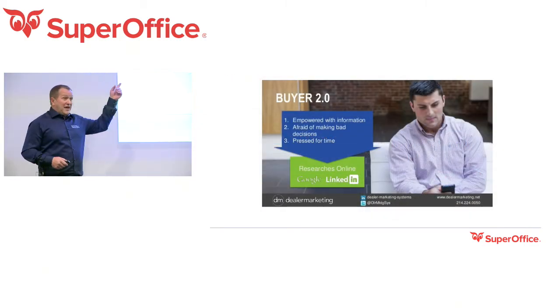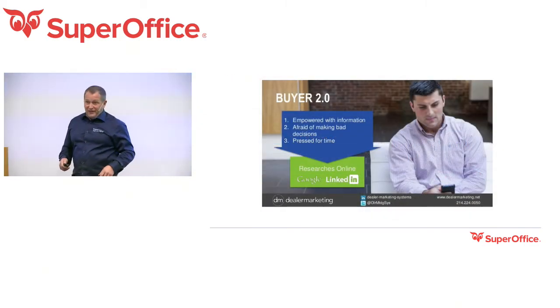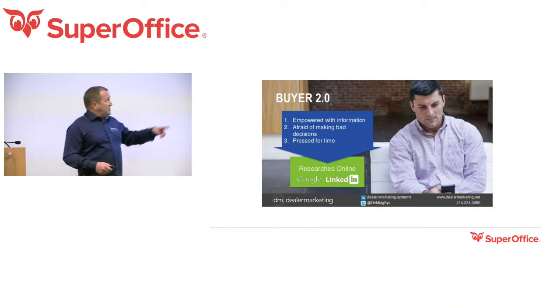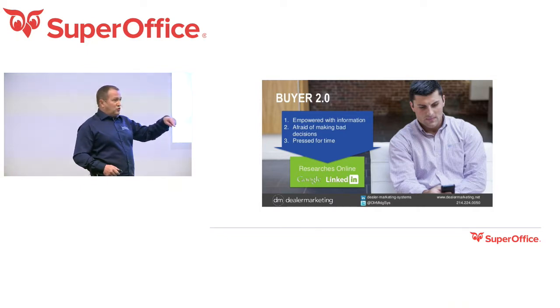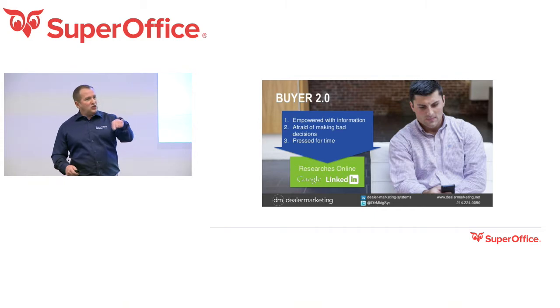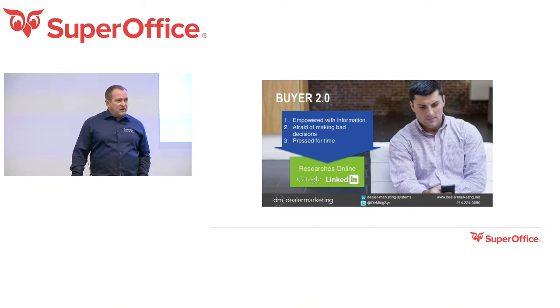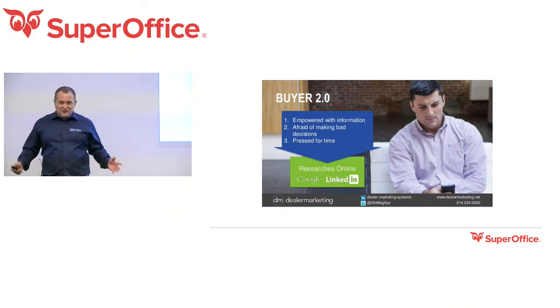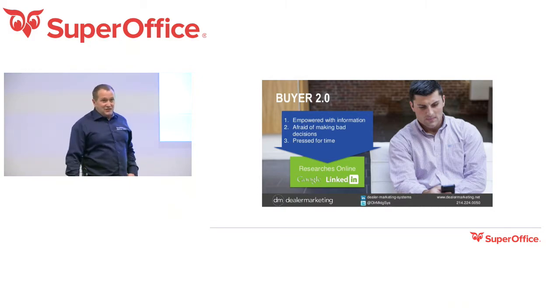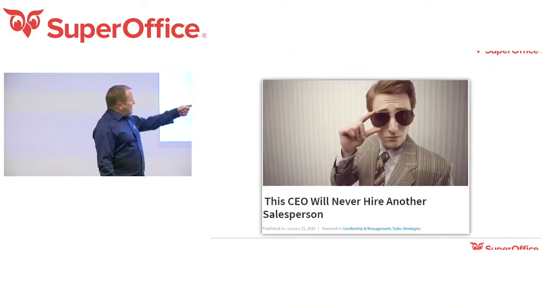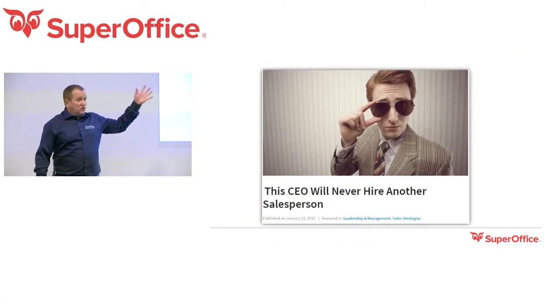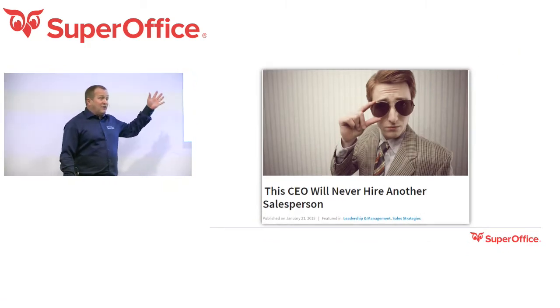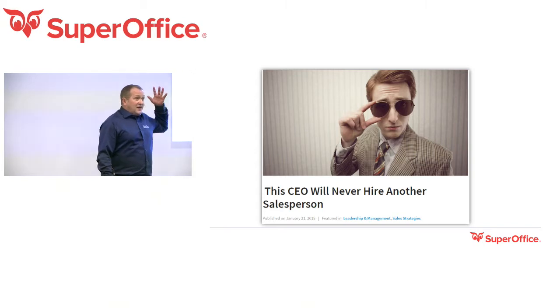And this guy is to blame for the whole thing. This is the guy who never wants to talk to a salesman unless he asks for it. So cold calling, how to be a salesman is no longer the same business as it used to be. These kinds of posts are posted all over the internet. This guy said, I will never hire a sales guy anymore.